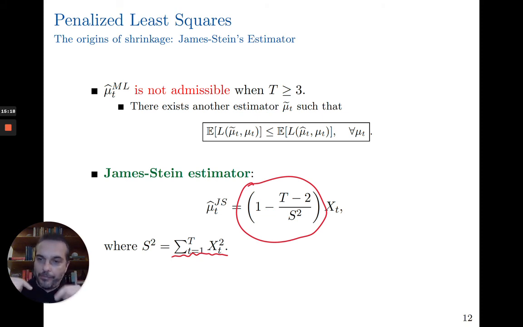Because it's a variable-specific parameter, and we are saying that, okay, look at the other variables, and we can improve the estimator. Think a bit about it. We can discuss this on Friday. It will be an interesting discussion, but I will let you think a little bit about the problem. Okay, but this is the James-Stein estimator. So that's one of the origins of this whole boom of shrinkage estimators in statistics.